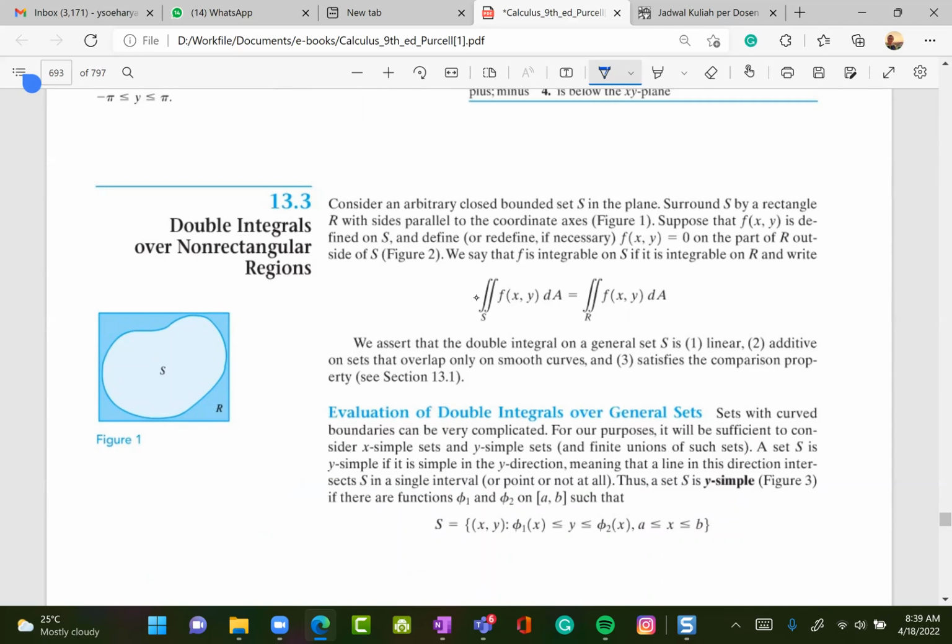So we put S inside a rectangle R. F is defined on S, but then you have to extend it so it's defined on R. Just put 0 outside the region S. That's what it means to have this integral. So how do we compute this one?